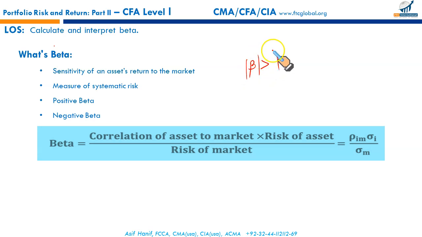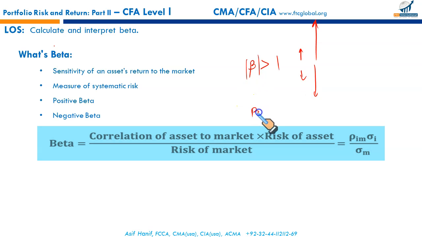I'm not talking about negative or positive, just the absolute value. If it is greater than 1, it is more volatile than the changes in the market. It will react more than the changes in the market. Let's say if it's positive, if the market goes up and the beta is greater than 1, that asset will show a higher return and vice versa.